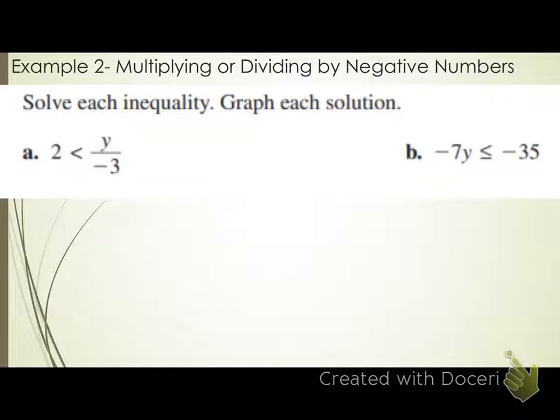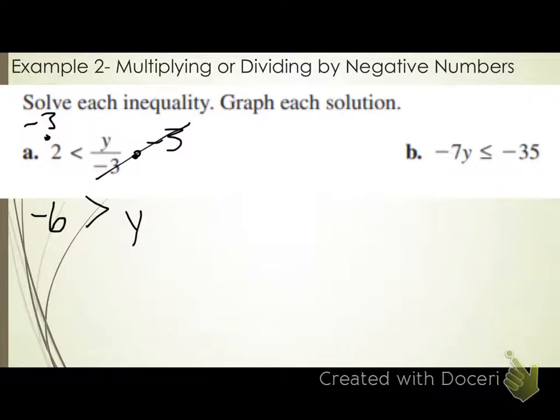So I'm multiplying both sides by negative 3. Negative 3 times 2, negative 6. I'm left with y on the right hand side. Does my inequality symbol flip or stay the same? Here it is flipped.